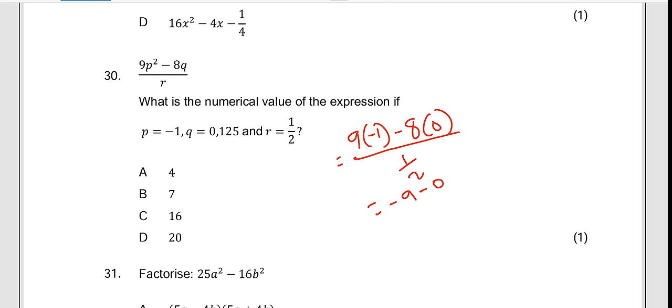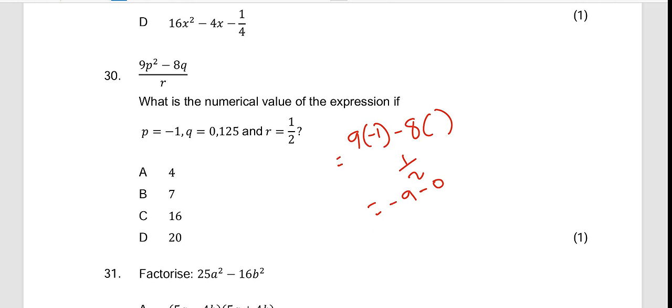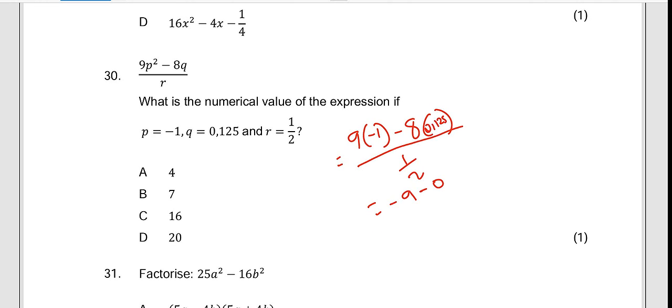Sorry, guys, I'm sorry. q is 0.125, and then here I won't have 0.2. My mistake. 8 times 0.125.